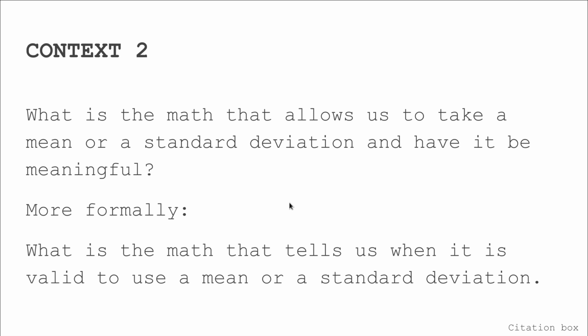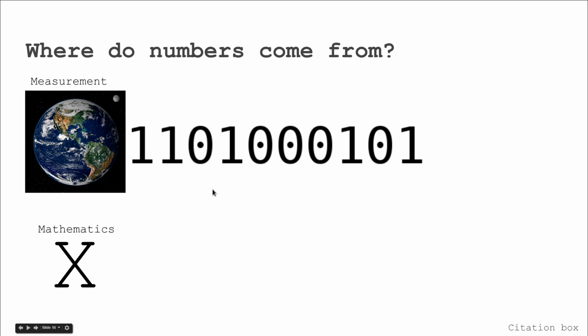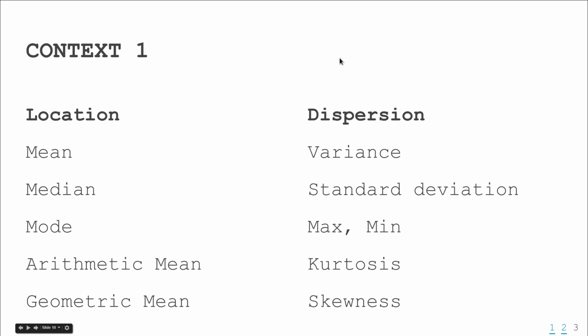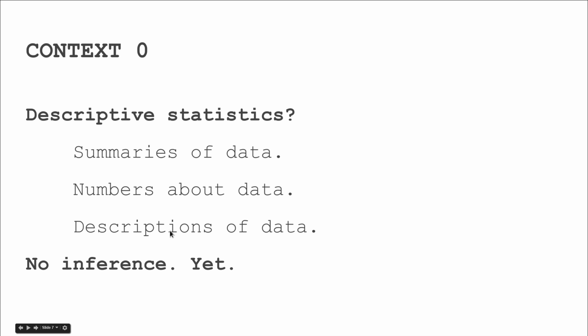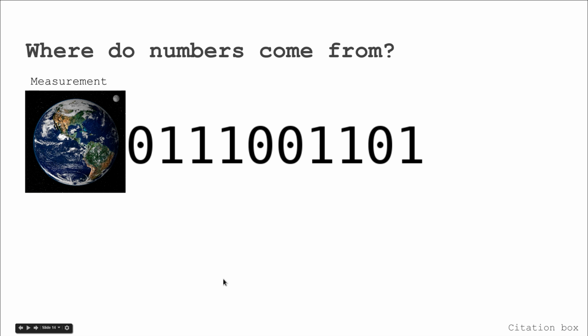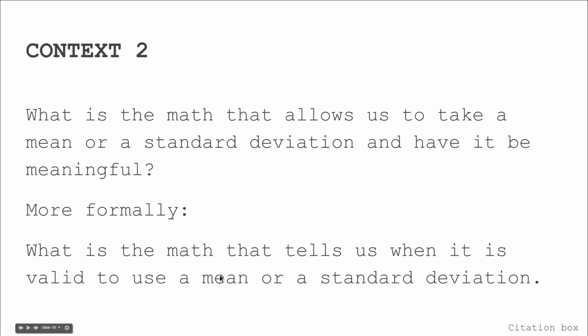This was the question that came up back on this slide here, which is, okay, no inference, right? We're not allowed to use inference if we're just using descriptive statistics. The question is, when is this valid? This is the question that we're trying to answer.